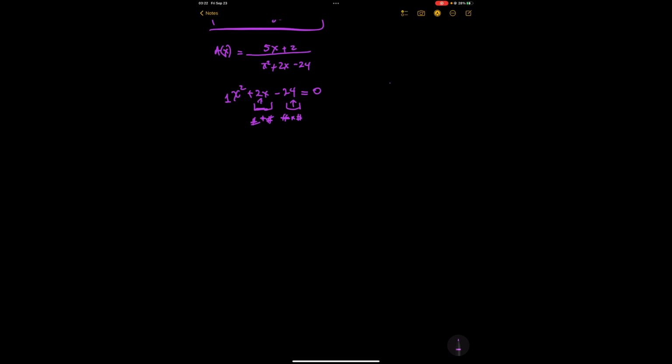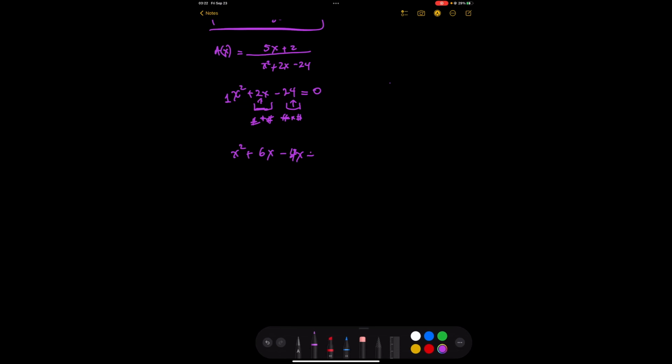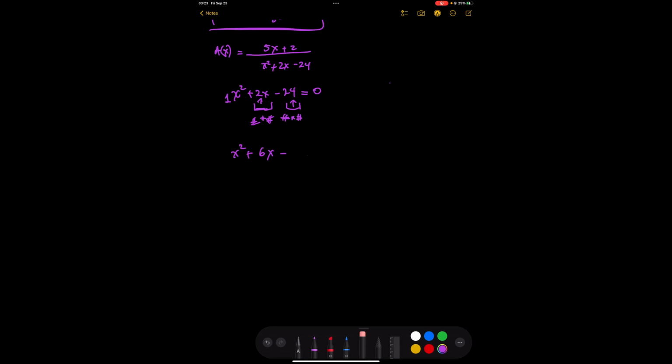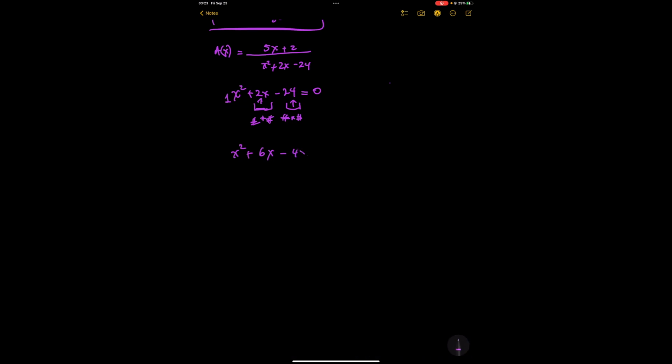So in this case, I'm going to rewrite 2x as x squared plus 6x minus 4x minus 24. I'm just writing that right now. And don't forget as well, always write the biggest number with the sign of the answer.